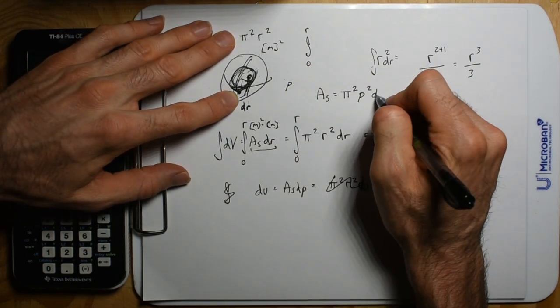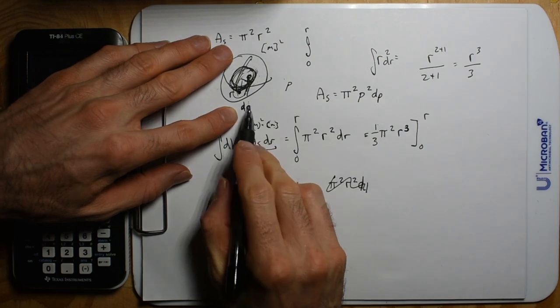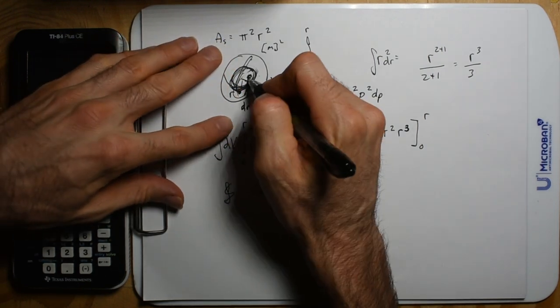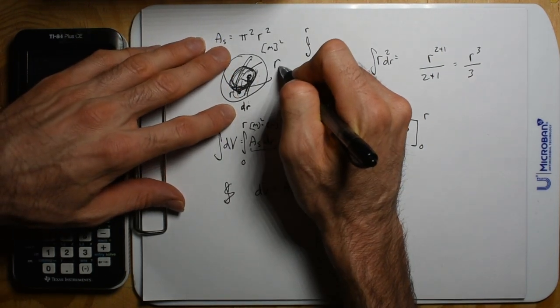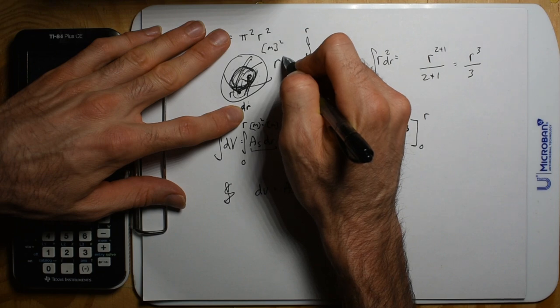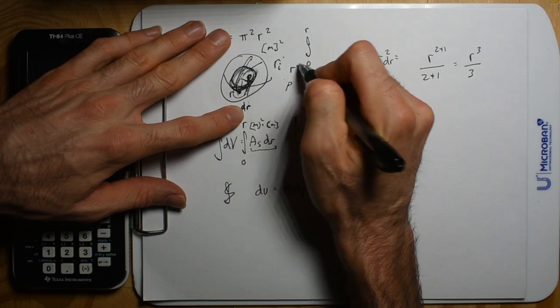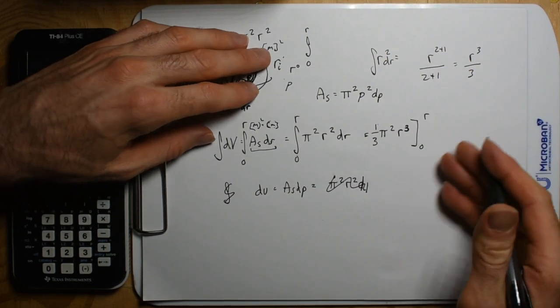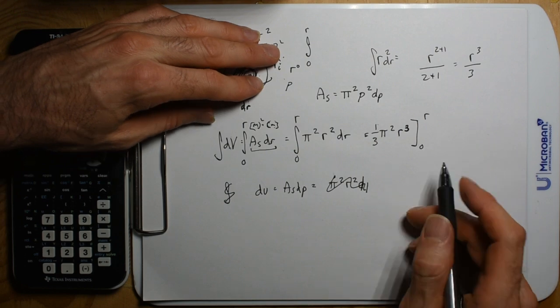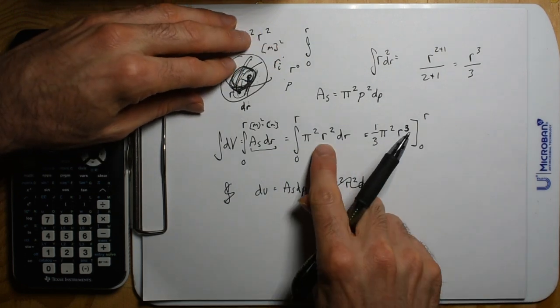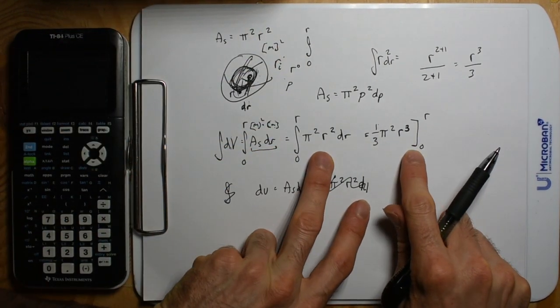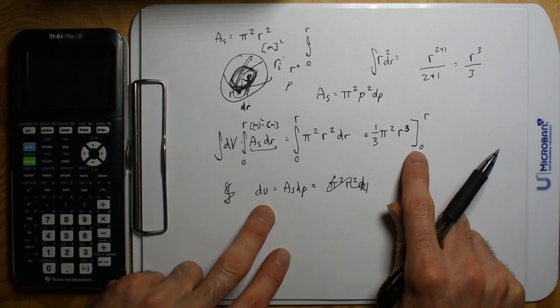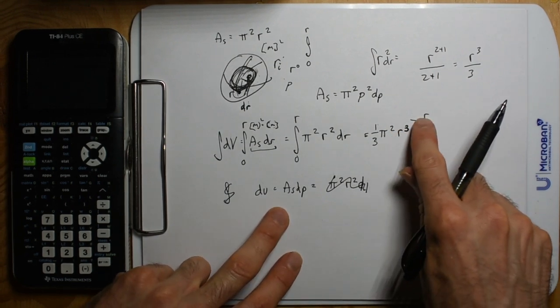That'll be that thickness. You can do it with r squared. You just need to know that your dimension r is r initial, or r naught. It's all the same, but then when you evaluate it, it makes sense.